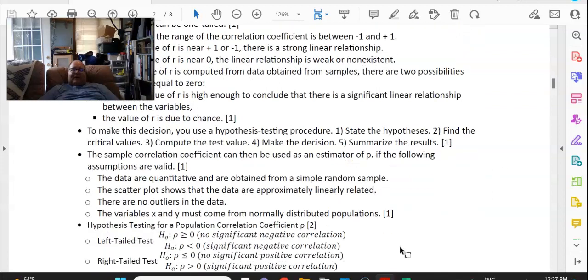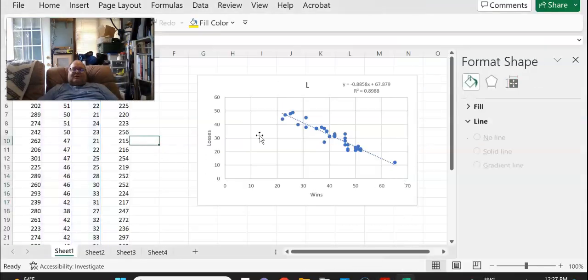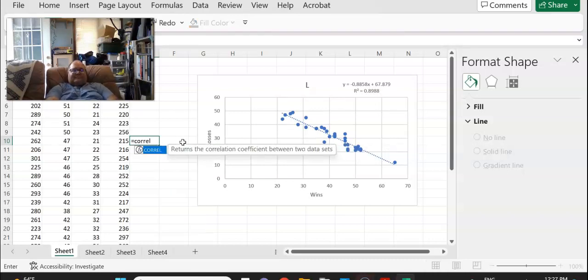Okay, so to find this, we can either find the R squared value and take the square root of that, or do equals CORREL of our two arrays.